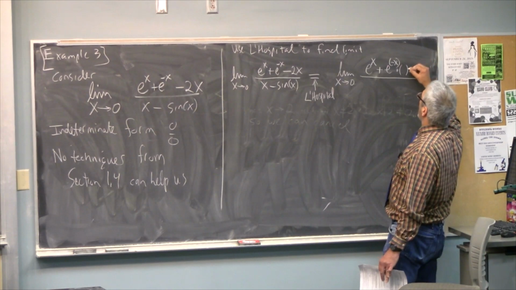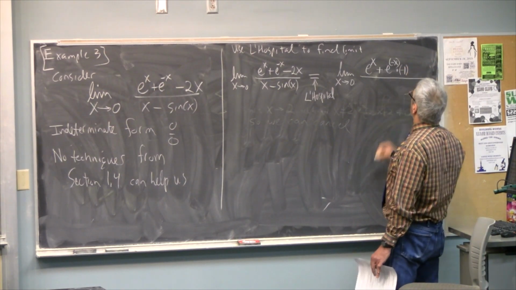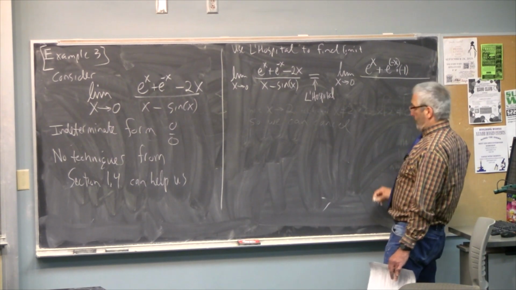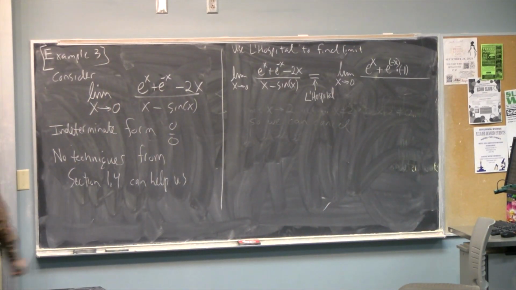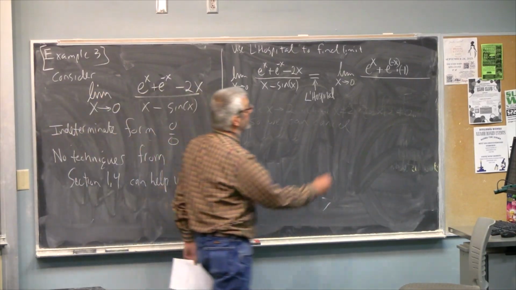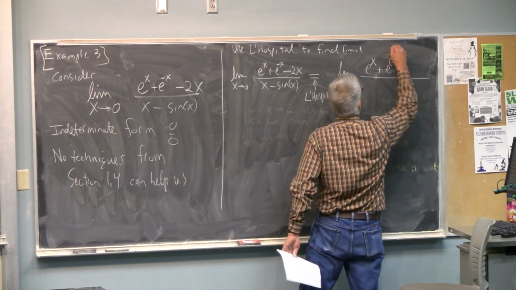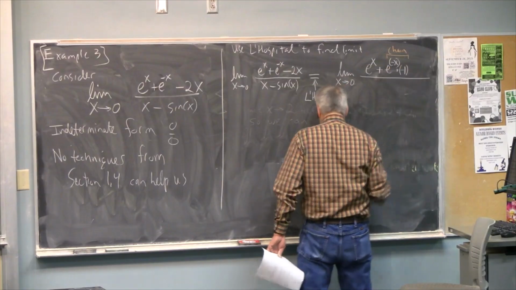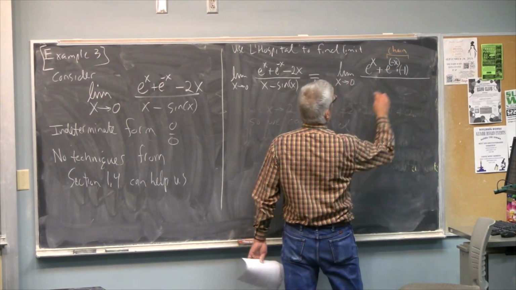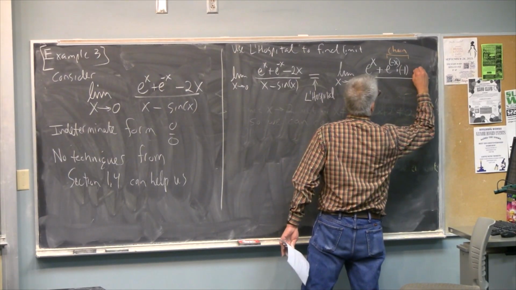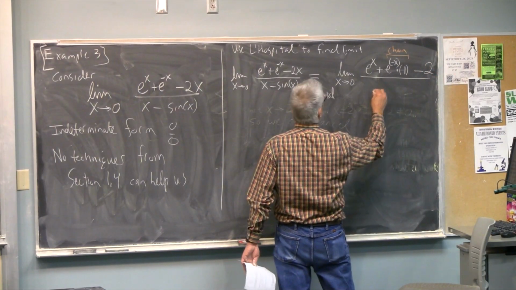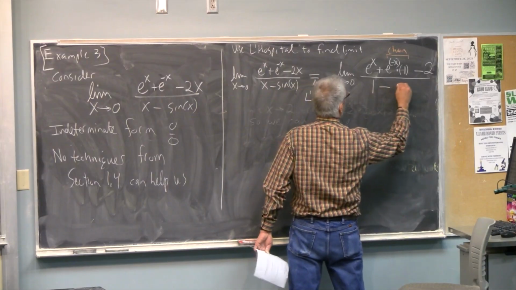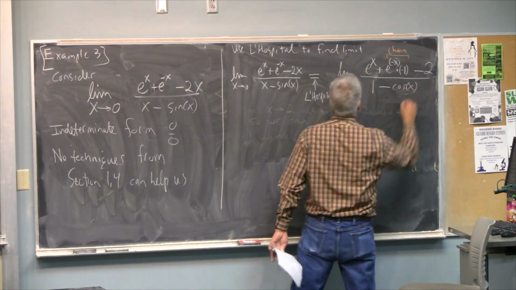The derivative of minus x is minus 1. So this is a chain rule result right there. The derivative of e to the minus x is minus e to the minus x. Okay, and then we've got the derivative of minus 2x, which is going to be the number minus 2. And then on the denominator, we're going to have 1 minus cos x.